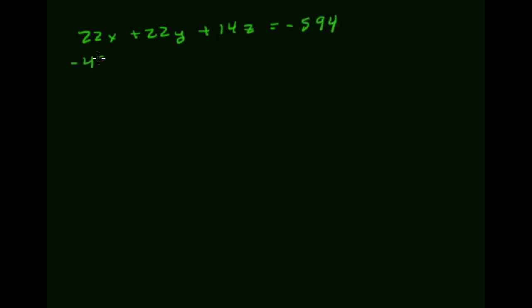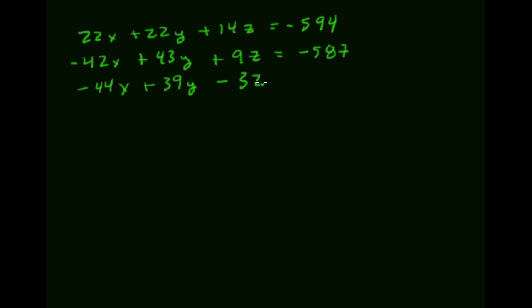Then you get negative 42x plus 43y plus 9z is equal to negative 587. And then negative 44x plus 39y minus 3z is equal to negative 275.